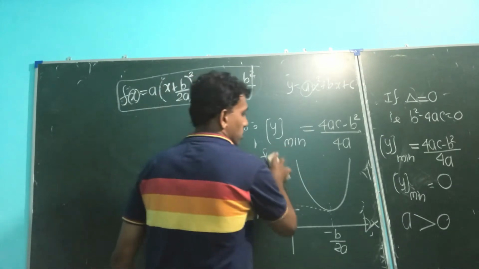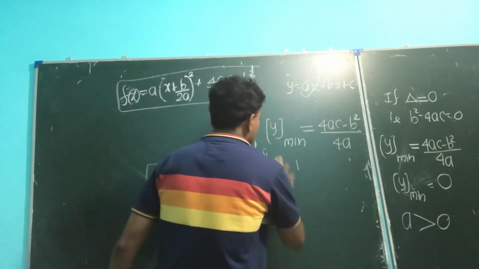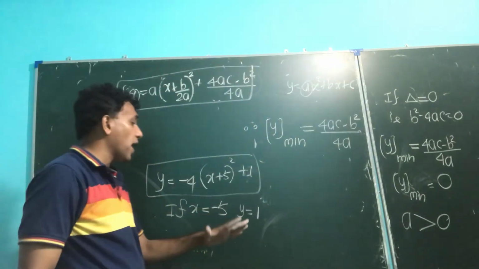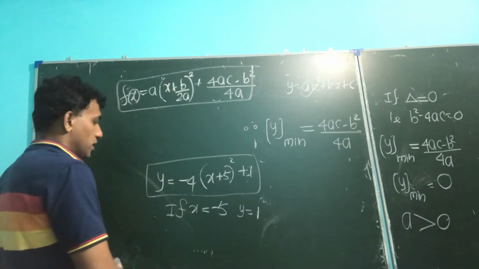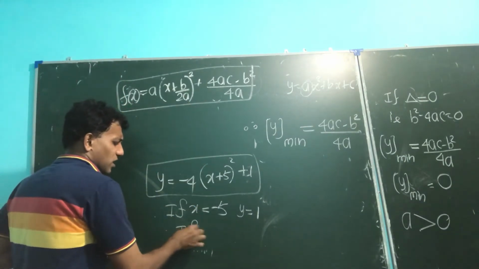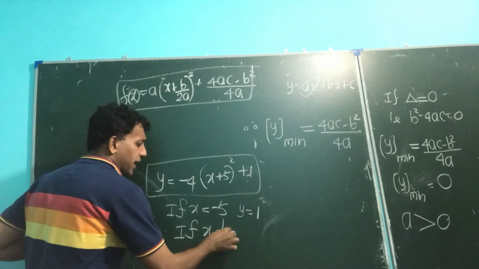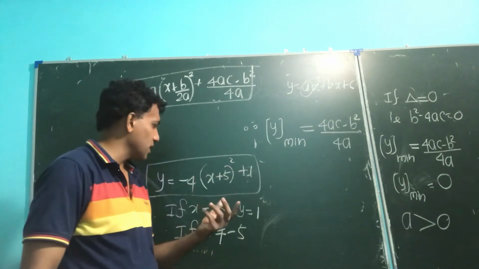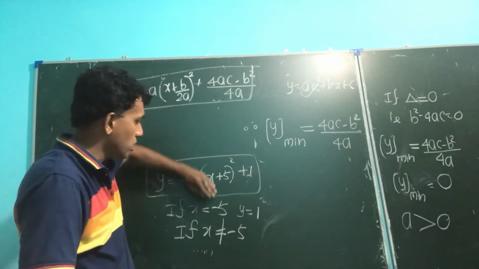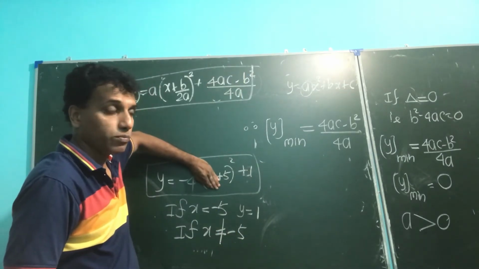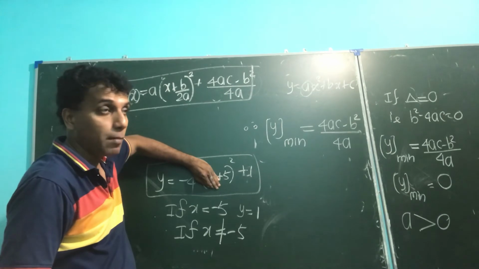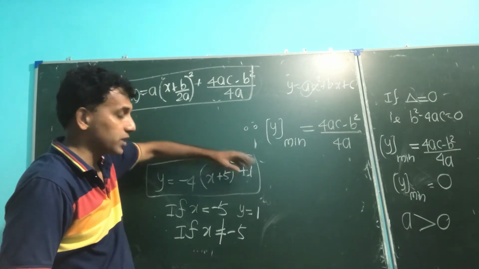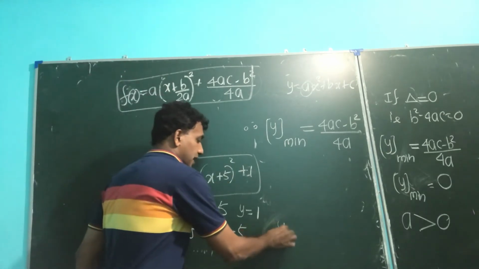Is it clear? Now write any value for x except minus 5. If x is not equal to minus 5, for example put x equal to 0: 5 squared is 25, multiplied by minus 4 gives minus 100, plus 1, minus 99.